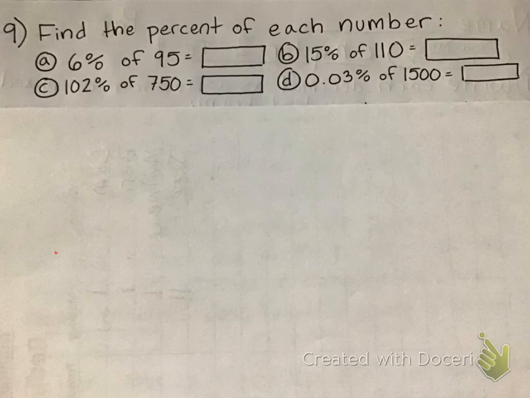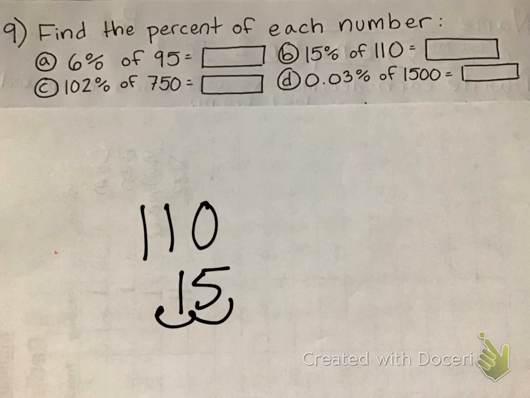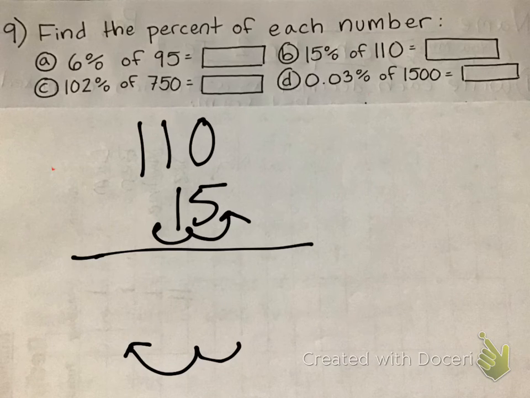Next problem, it's the same thing. Let's make it into a decimal. 15% as a decimal. What is 15% as a decimal? 15%, Lucy? It is 15 hundredths, 0.15, exactly. And we're multiplying that times 110. We move it over. At the end, we're going to move it back twice. This is easy. 5 times 0 is 0. 5 times 1 is 5. 5 times 1 is 5.